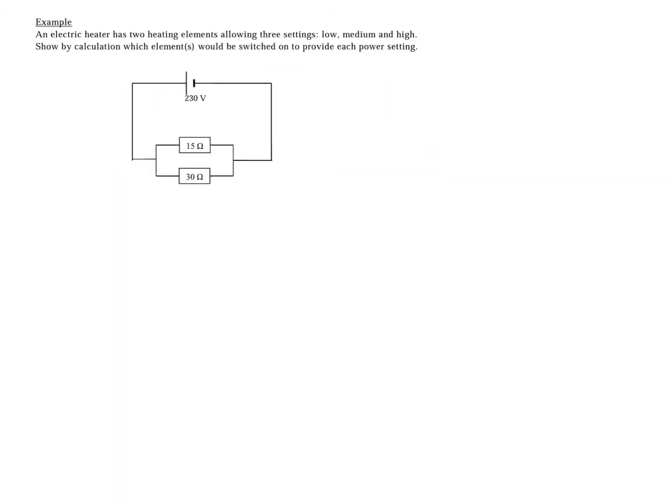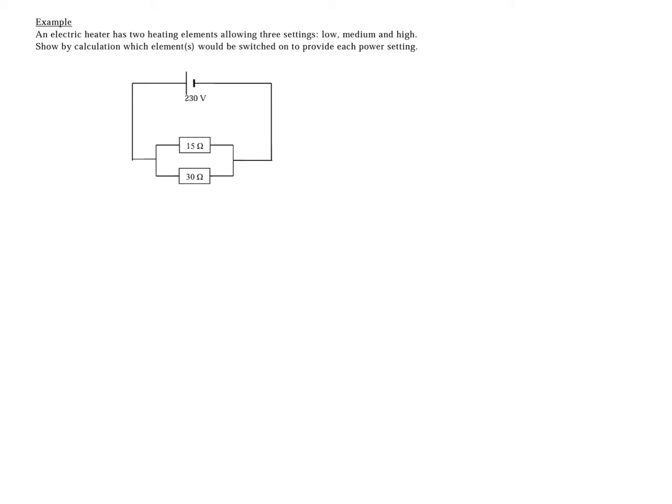So in this circuit, the voltage is fixed and we're looking at different possible resistances. So we'll concentrate on the P equals V squared over R formula. And basically that will help us identify the low, medium and high power. Because the R is in the bottom line, and the V is fixed in this example, a bigger resistance is going to mean a smaller power.